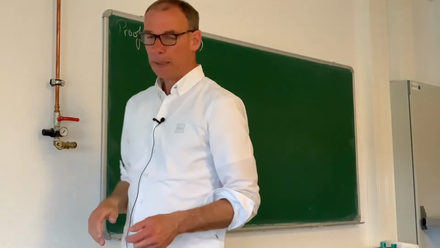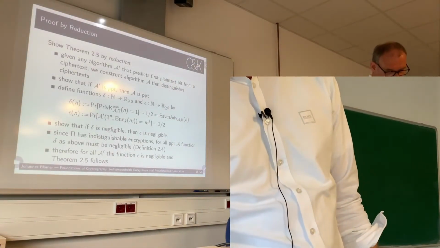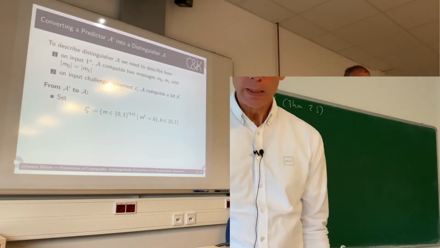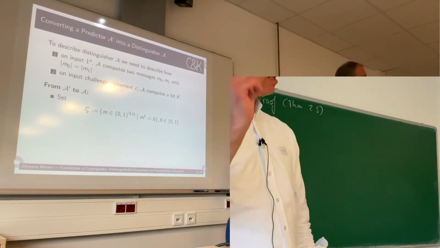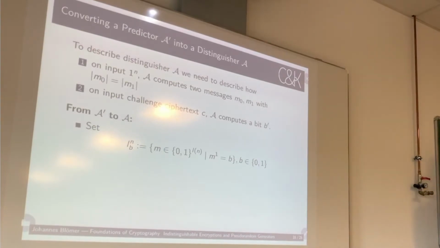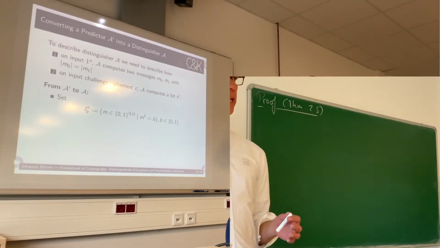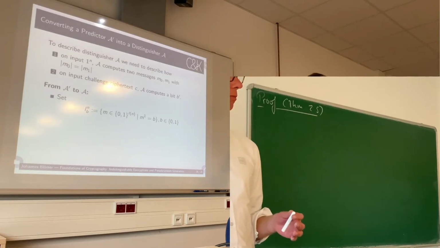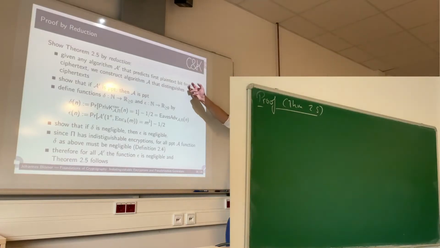Okay. I will do some of it on slides, some of it on the board. So let's go to the first step. So what I do is I start with a fixed but arbitrary A prime. I can do that for any given algorithm.